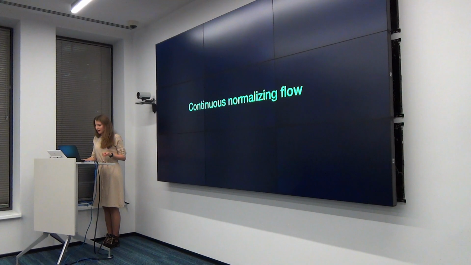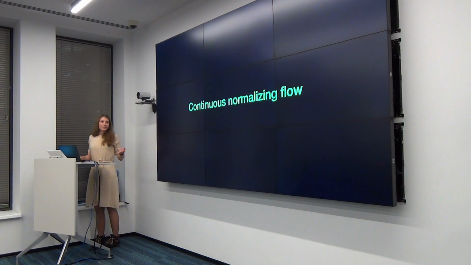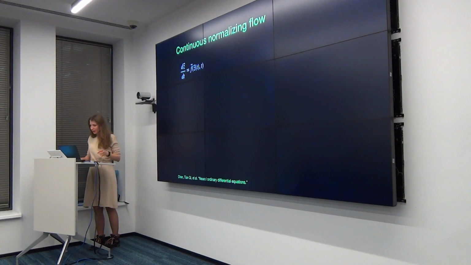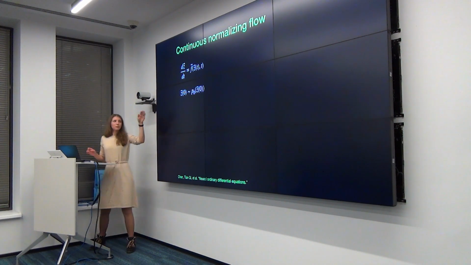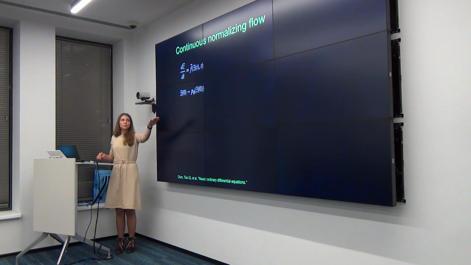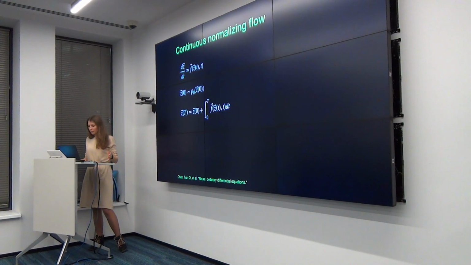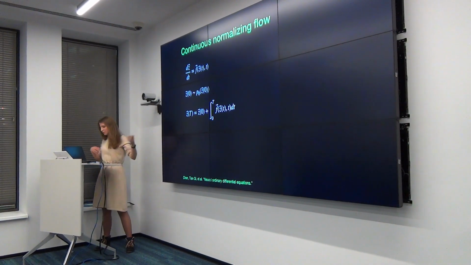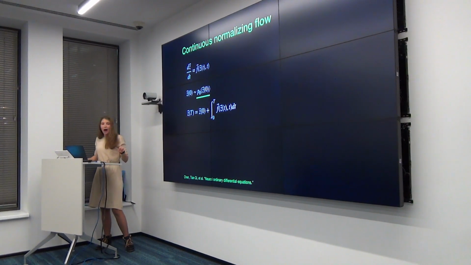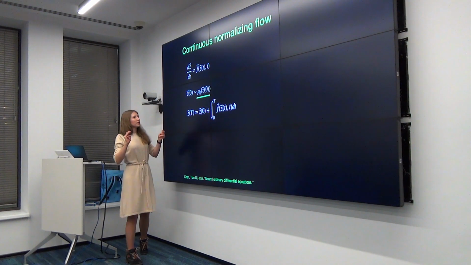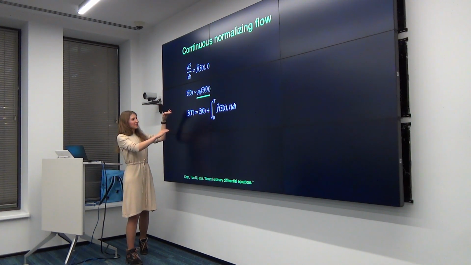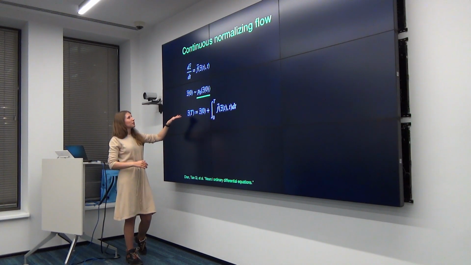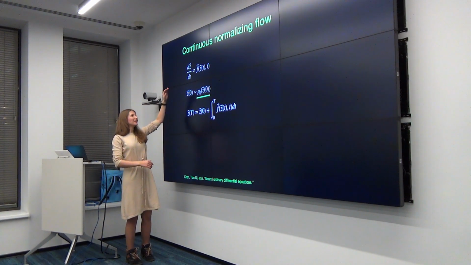Okay, continuous normalizing flow. Let's join two ideas, Neural ODE and normalizing flow. We have a Neural ODE, and the input comes from some distribution P0. We compute the output using numerical integration, and we can compute a solution of the Neural ODE because we have the ODE and the initial state.